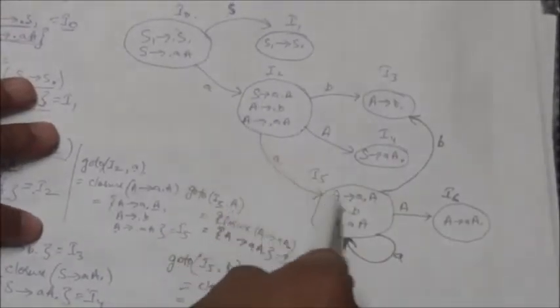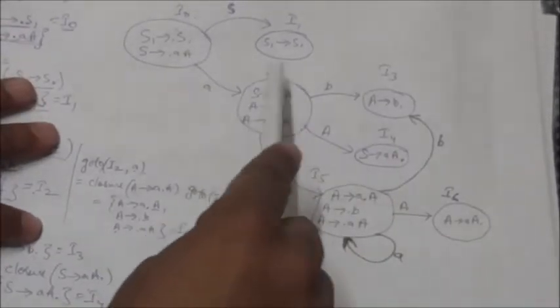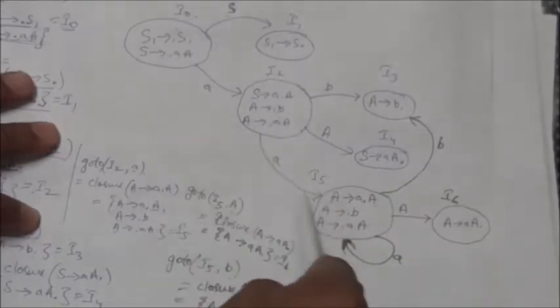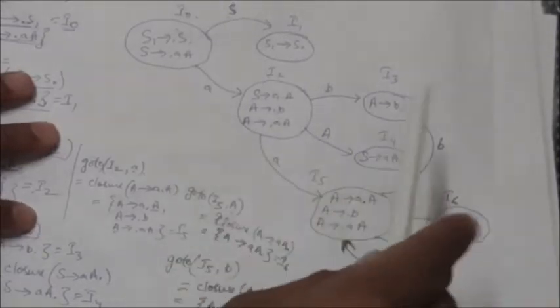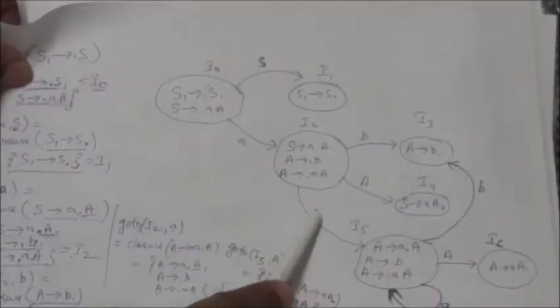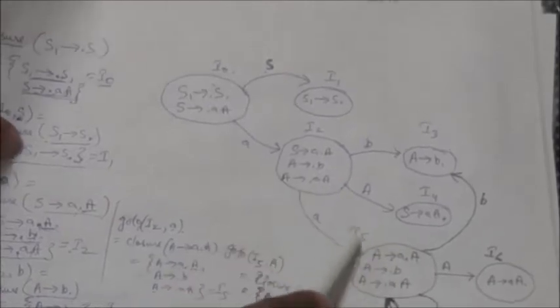Similarly, you can see this transition: when the DFA is in state I2 and it reads the terminal symbol A, then it jumps to state I5, right? So in action table, in the row labeled by I2 and column labeled by terminal symbol A, at that entry we will write S5.